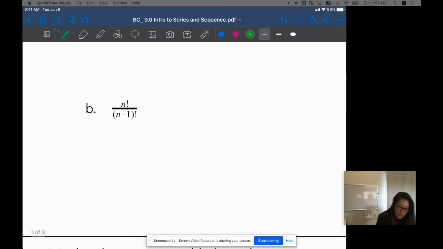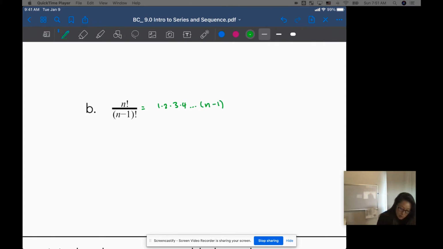So now let's go to n factorial over n minus 1 factorial. I'm going to expand going from 1 up this time. I'm just going to say 1 times 2 times 3 times 4 dot dot dot times n minus 1.